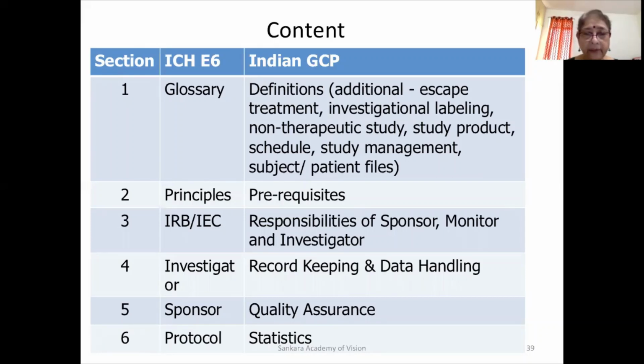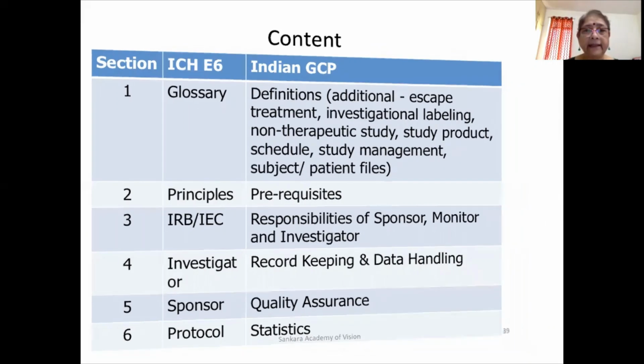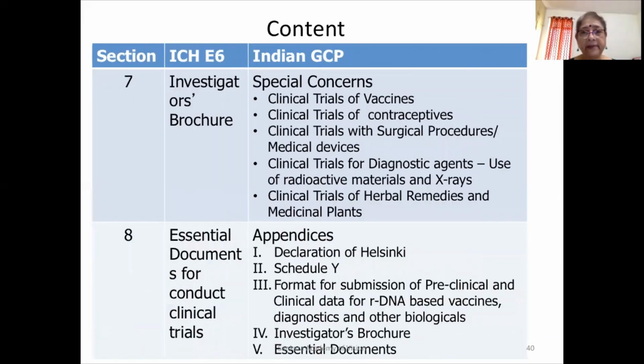And for the sponsor, quality assurance, protocol, statistics. And then the investigator's brochure, there were special concerns which were not there in ICH E6. That is about vaccines, contraceptives, surgical procedures, medical devices, diagnostic agents, radioactive materials and x-rays, and herbal remedies and medicinal plants.